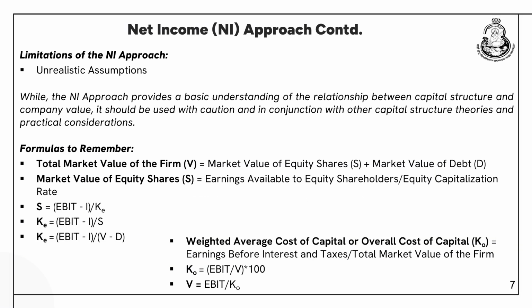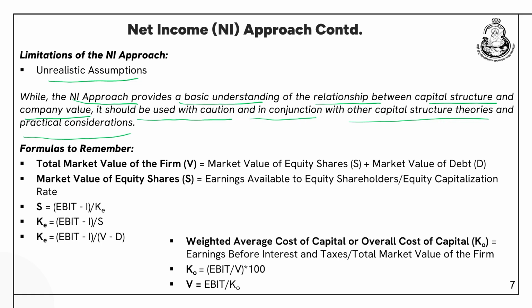So, once we are clear with the limitations, that is the unrealistic assumptions: while the NI approach provides a basic understanding of the relationship between capital structure and company value, it should be used with caution and in conjunction with the other capital structure theories and practical considerations.